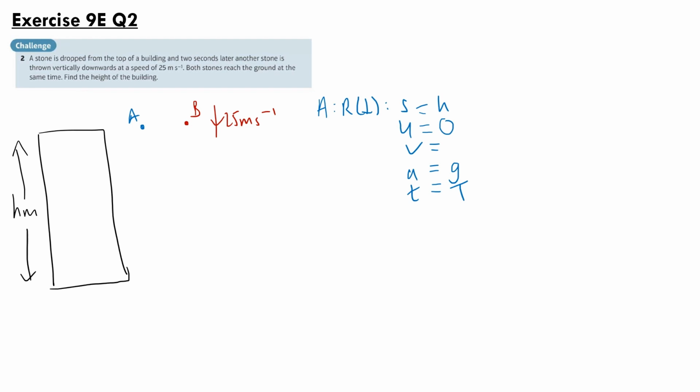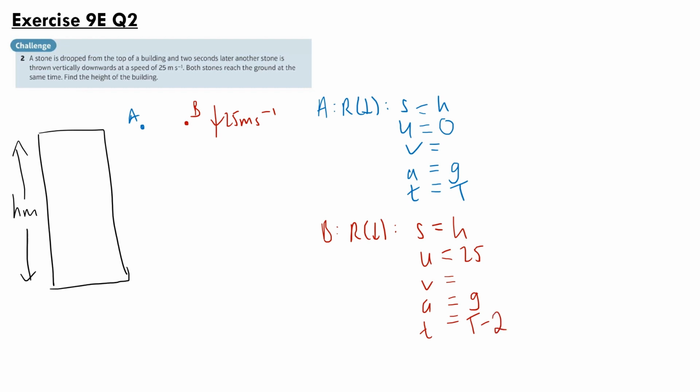And doing the same for B, resolving downwards, we have that s is equal to h again. We have that the initial velocity is 25 now, and the acceleration is g again. And we know that B is thrown 2 seconds later, so we'll have 2 less seconds to move to the bottom, so the time is t minus 2.